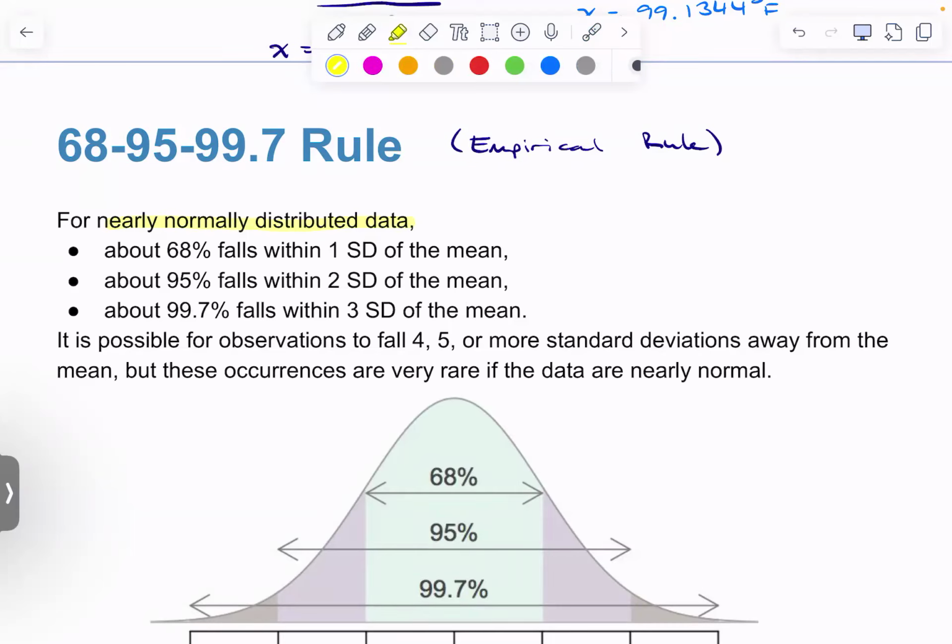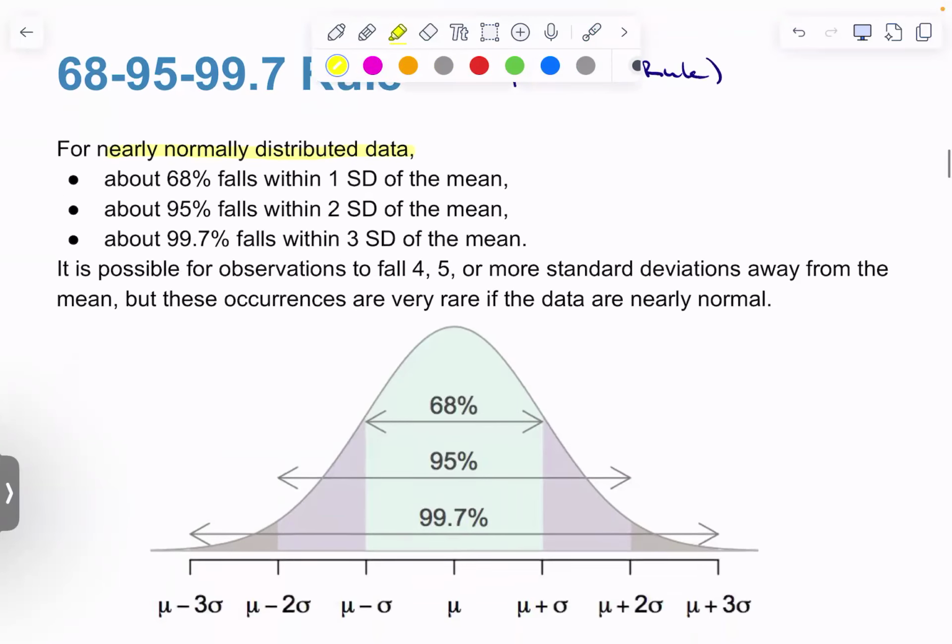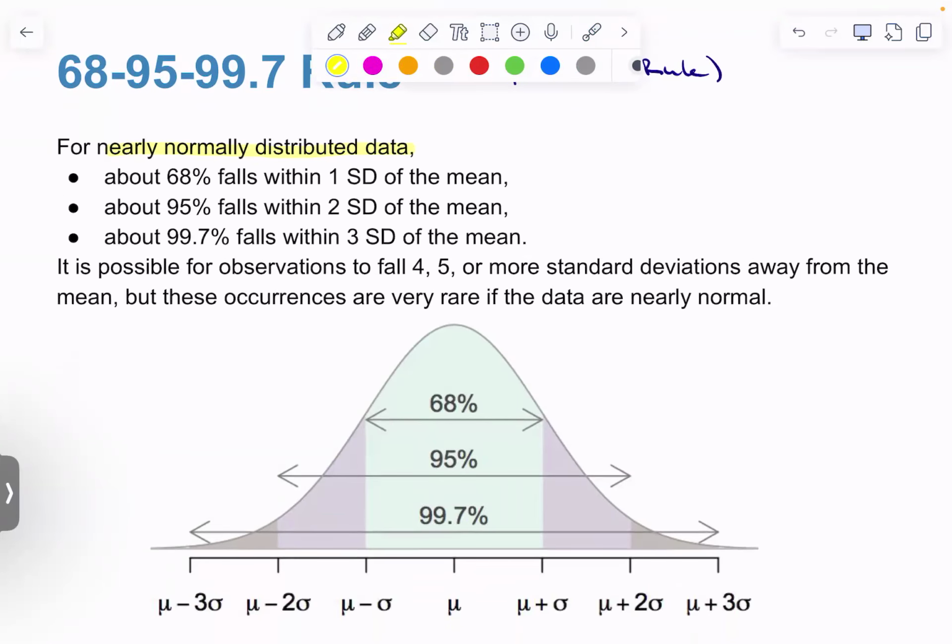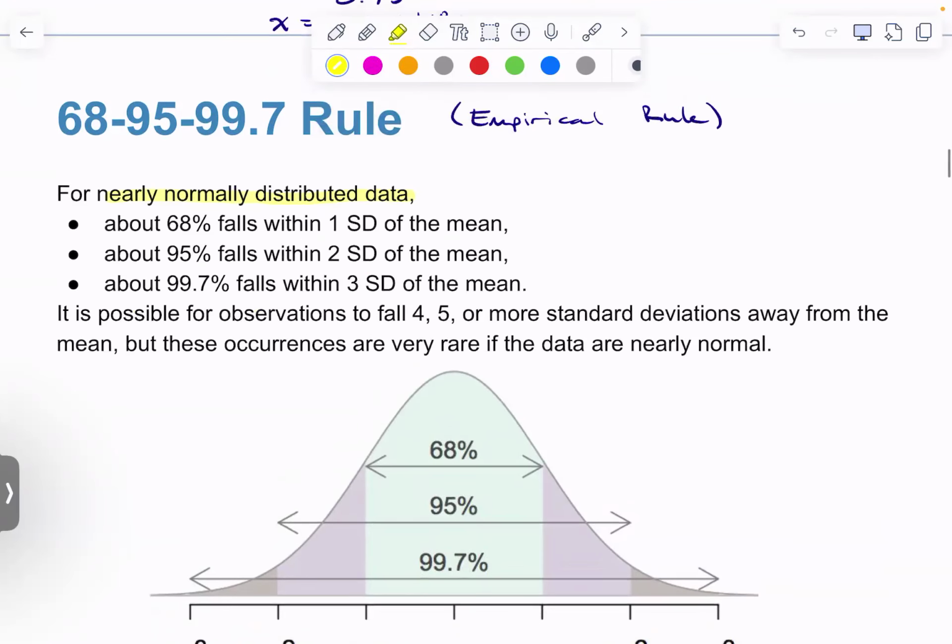As long as you have a normal distribution, we already established that within 3 standard deviations, we kind of run out of curve. It keeps going to infinity in either direction, but at that point, we kind of lose interest and say the probability is very, very small. And that's what the 68, 95, 99.7 rule says as well.